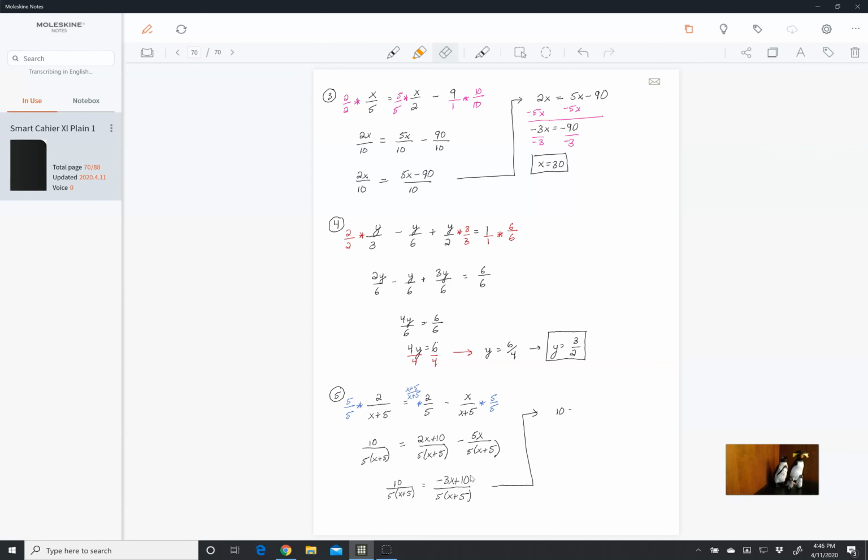So 10 is equal to negative 3x plus 10. We can subtract 10 from both sides. We get 0 equals negative 3x, and that's okay. You can get a 0. So we're going to divide both sides by negative 3.